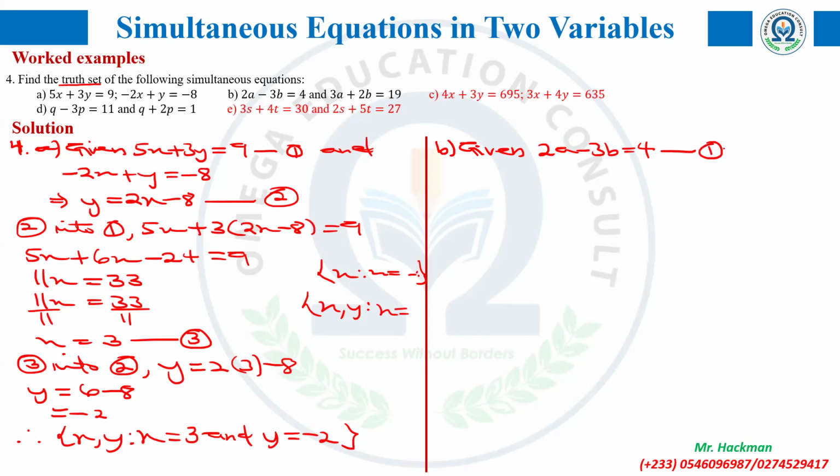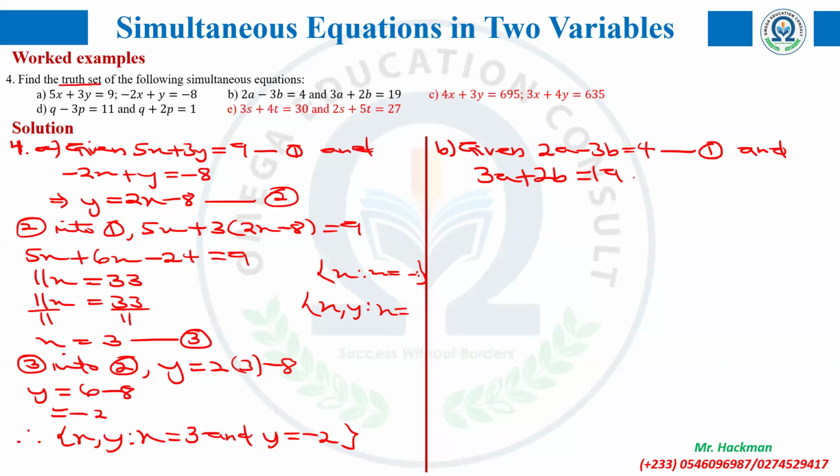So we'll label this as equation 1. And we go to the second one, which is 3a, okay, plus 2b is equal to 19. And that one too has the same property. Variables on one side, okay, then the constant on the other side, cannot be reduced, no fraction, no bracket.